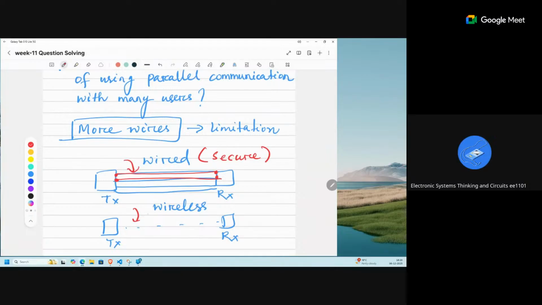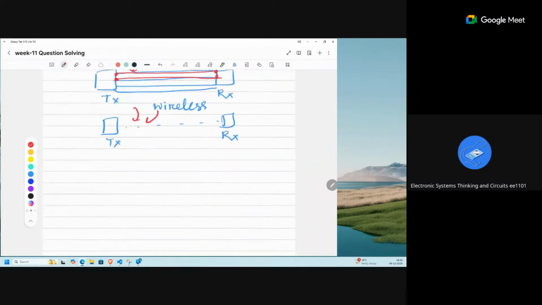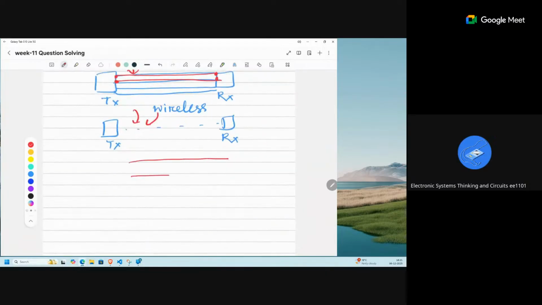For example, as a layman, if I say this is the transmitter and this is the receiver, and I have a path like this. If you have seen our underground, people are walking like this. Simply, they can reach easily there.